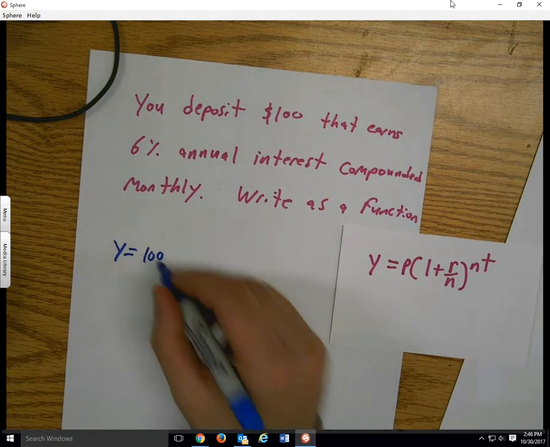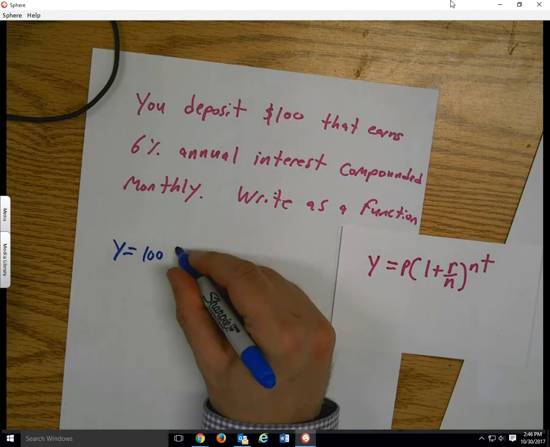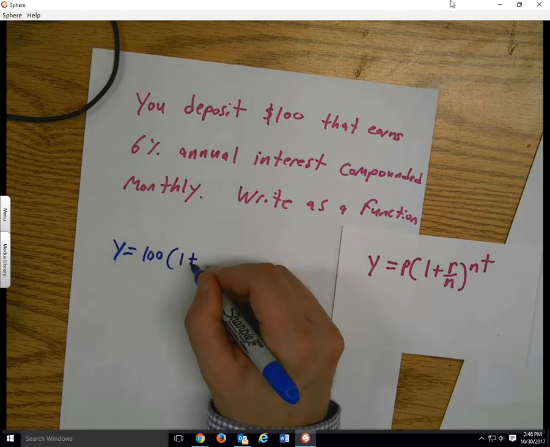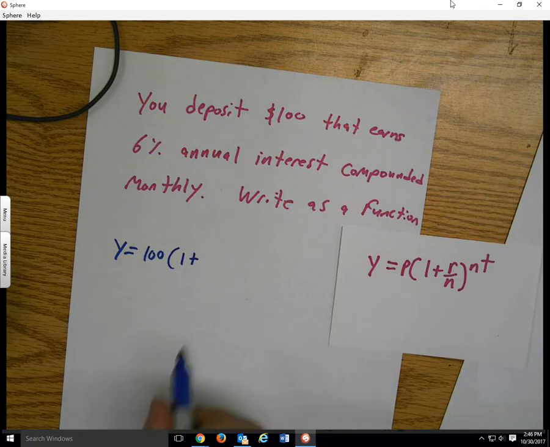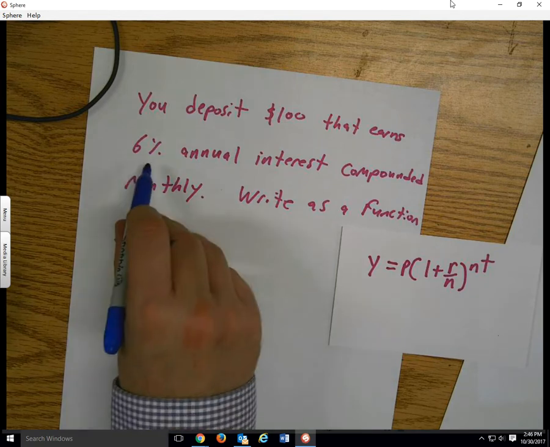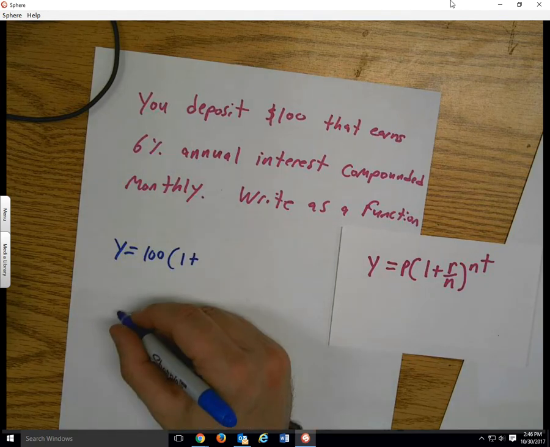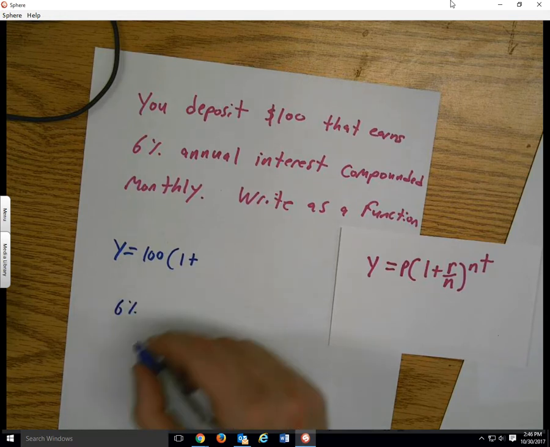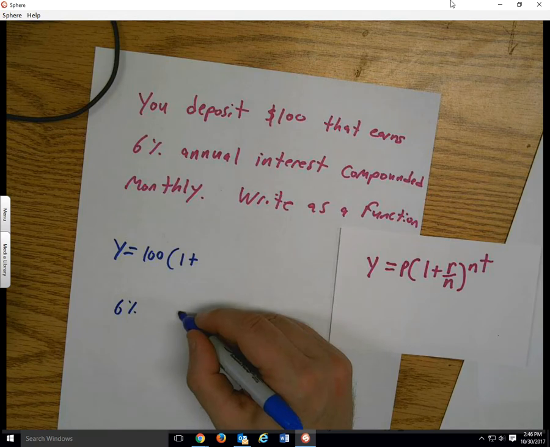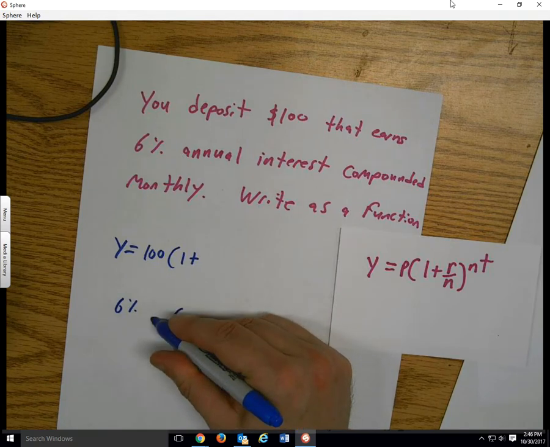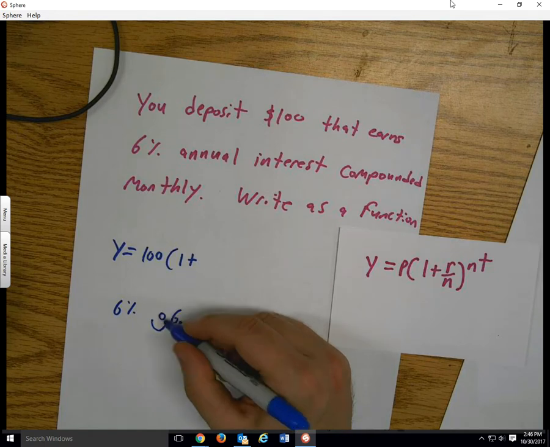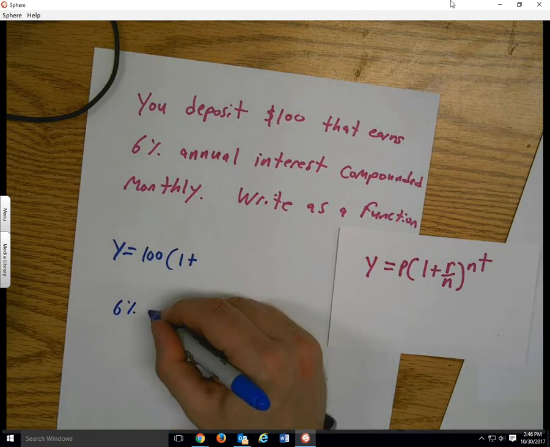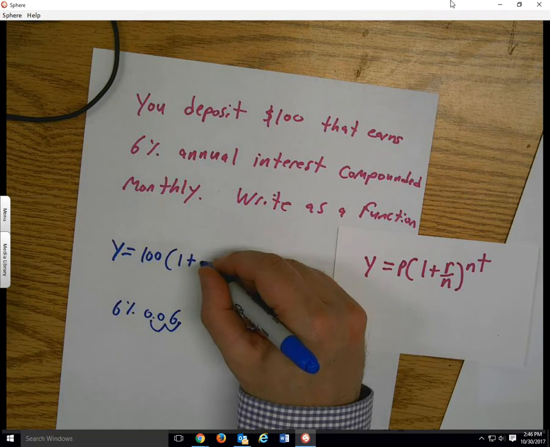So y equals 100, that takes the place of the P. 1 plus the rate. Well, the rate is 6%. Just remember that 6%, if you were to turn that to a decimal, you'd move the decimal 2 place values, so it would be 0.06.